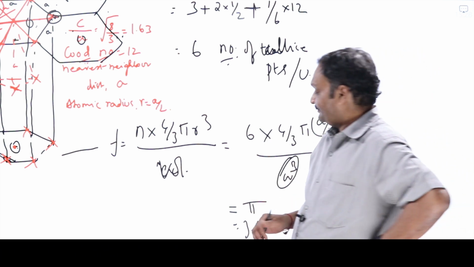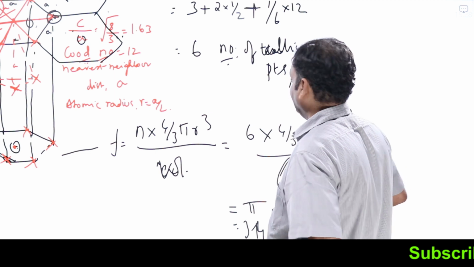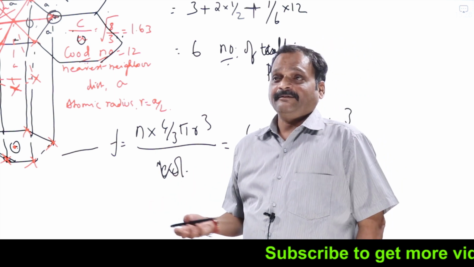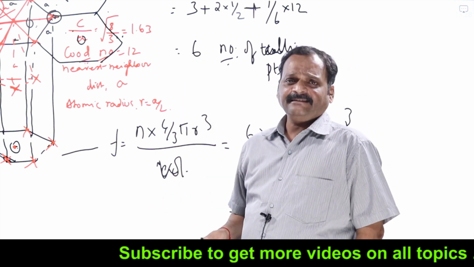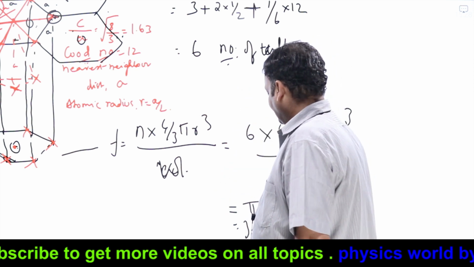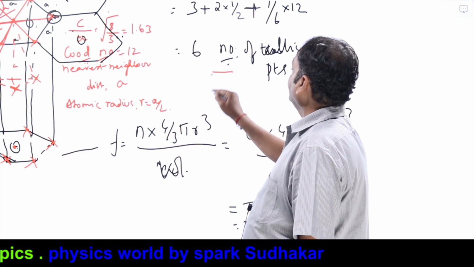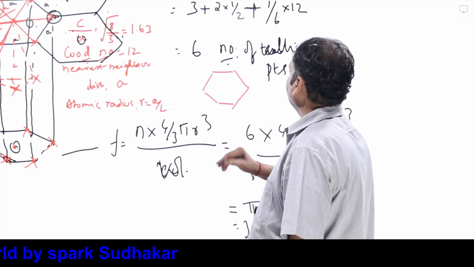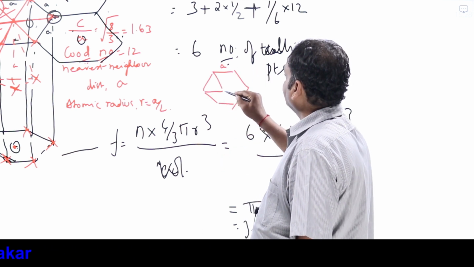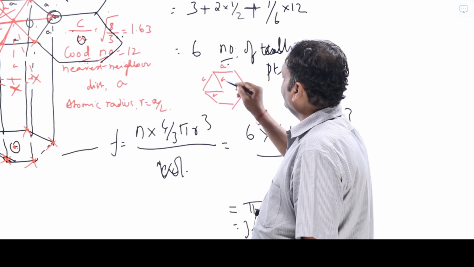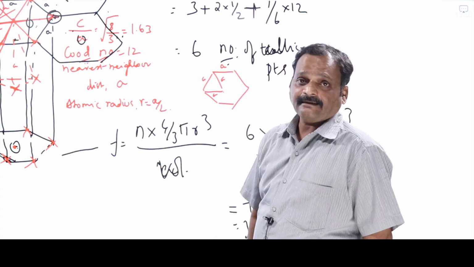In the classroom, now, what is the volume of the hexagon? Of course, even I don't remember the volume of the hexagon just like that, but we can easily find it out. What is a regular hexagon? A regular hexagon is like this. There is this side A, so this side is also A. This is nothing but an equilateral triangle.